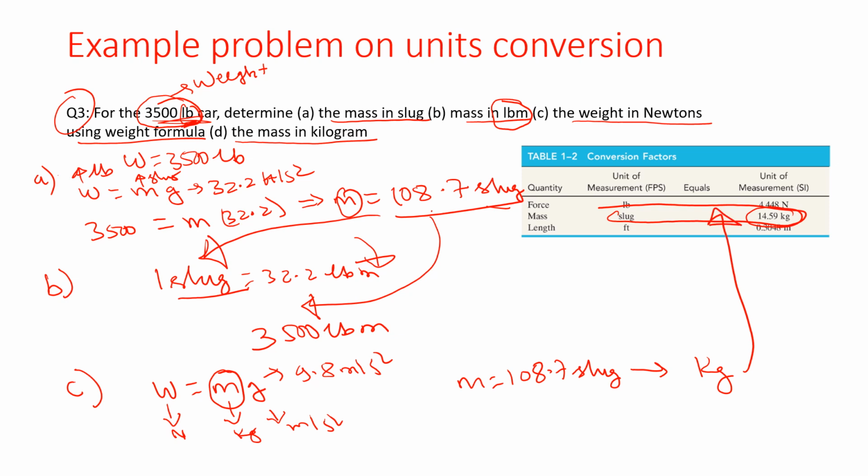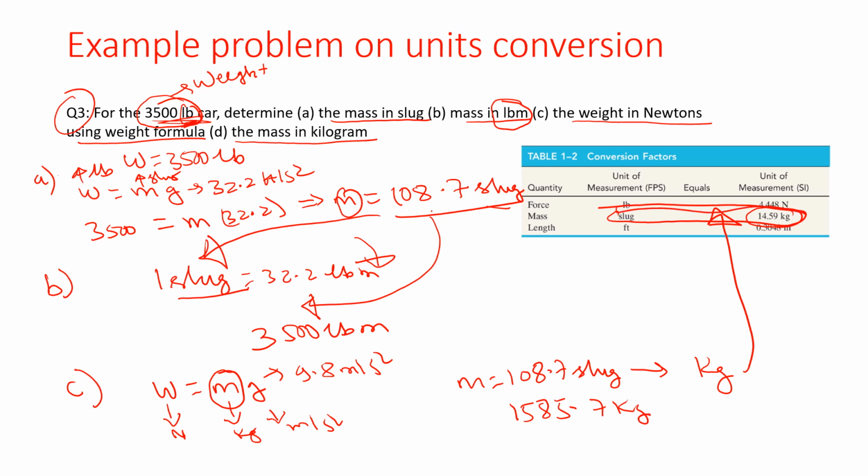And what you get, so this conversion would give you mass to be pretty close to 1585.7 kg. So using this relationship, this is what you get.